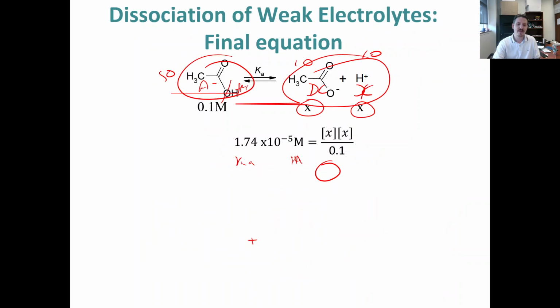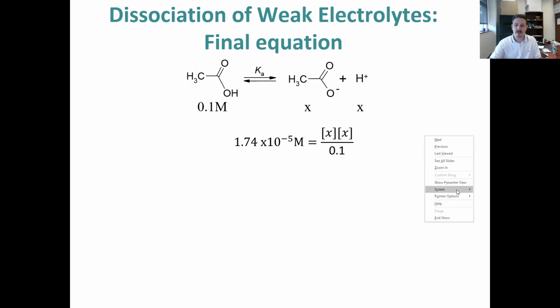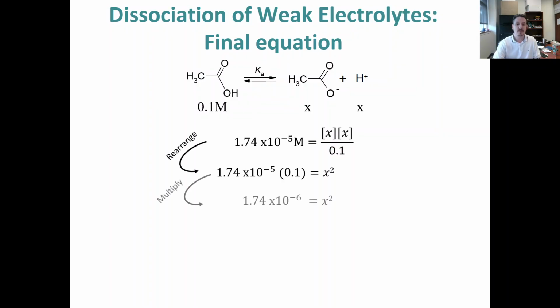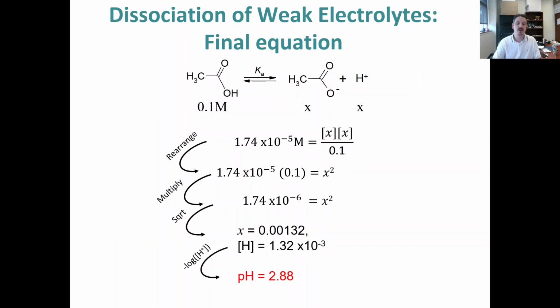So let's run through that real fast. First of all, you substitute in the numbers, rearrange, multiply out, and square root, which gives you the value of H+. Now the pH is the negative log of the H+, which in this case is pH 2.88, and that's acidic.